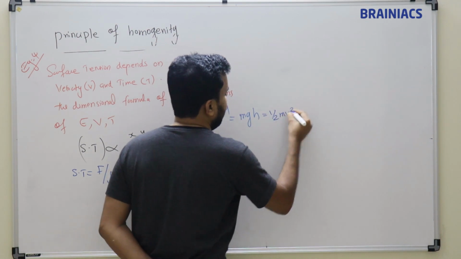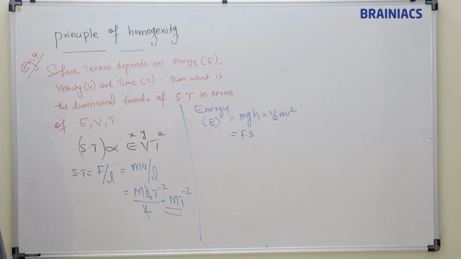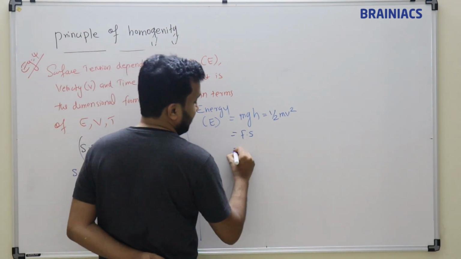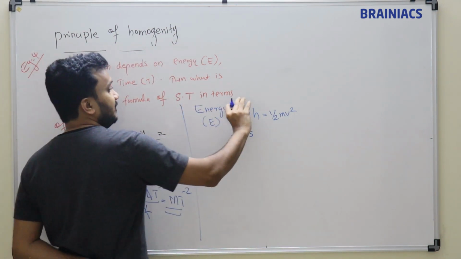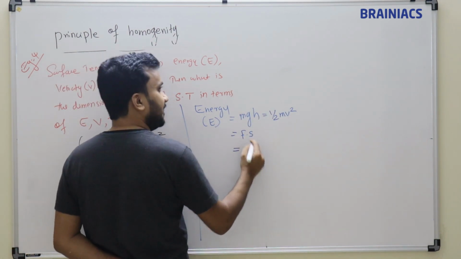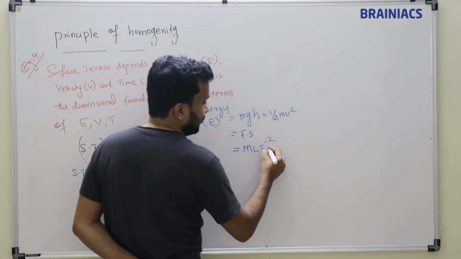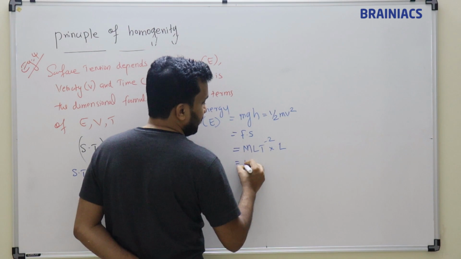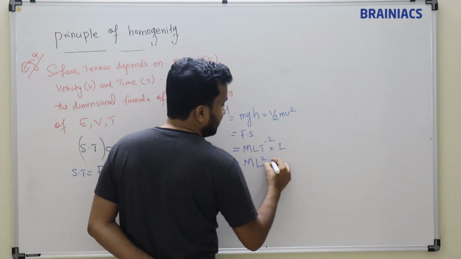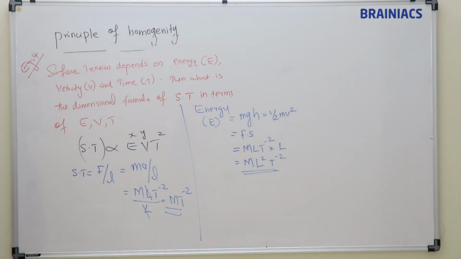Force into displacement is simple because we already know force. I am taking F into S. F has dimension formula M L T raised to minus 2, S has dimension formula L. So the dimension formula of energy is M L square T power minus 2.